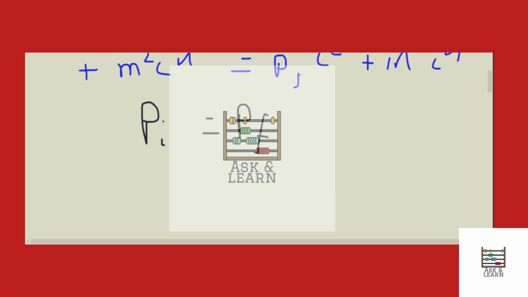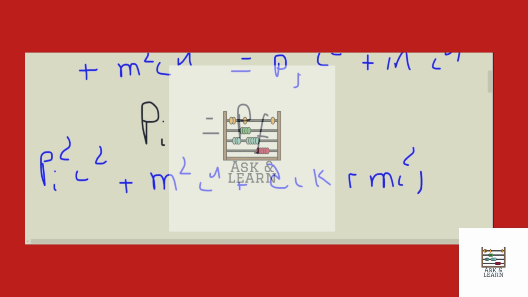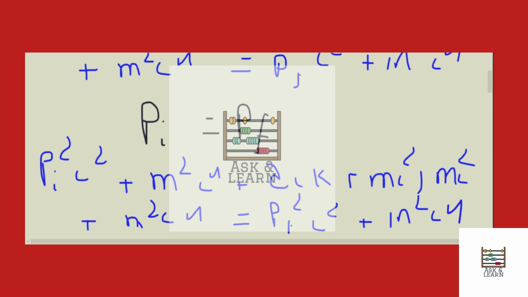So I can write the above equation as Pi square c square plus m square c to power 4, plus 2 times K plus mc square into mc square, plus m square c to power 4, is equal to PF square c square plus m square c to power 4.